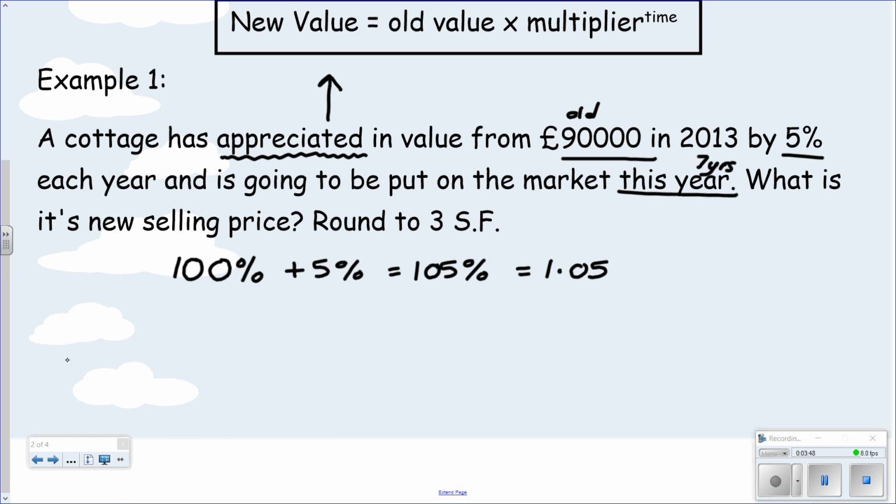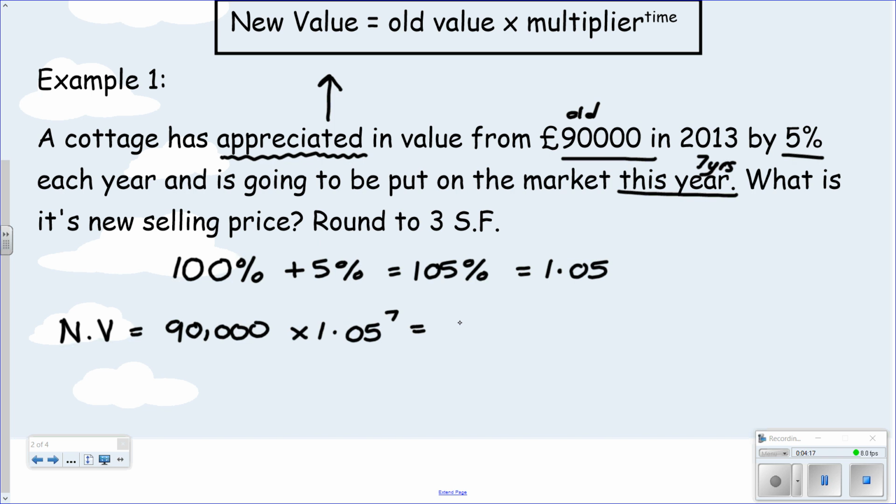So let's work out that new value. We just use the formula above. We've got new value. We look at our old value, which is £90,000, and we're going to multiply that by 1.05. That happens every year from 2013 to 2020, so 7 years.